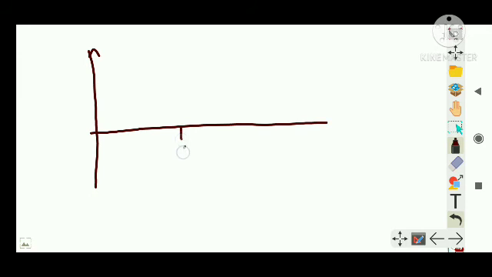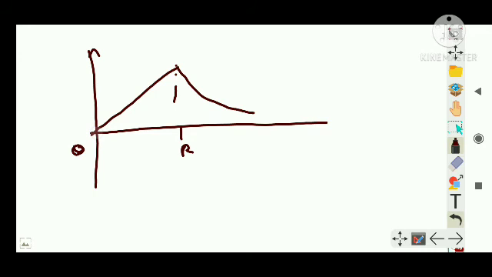And similarly, if someone asks you to depict the graphical representation of g, that is acceleration due to gravity, that also can be depicted. At capital R, that is at the surface, it will have the maximum acceleration due to gravity. Clear? This is the graphical representation of g.